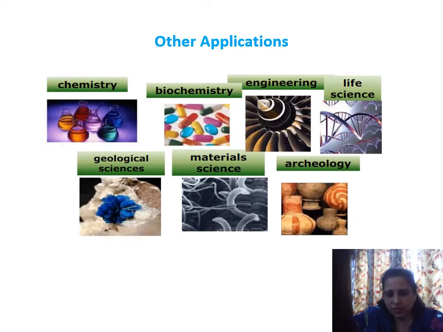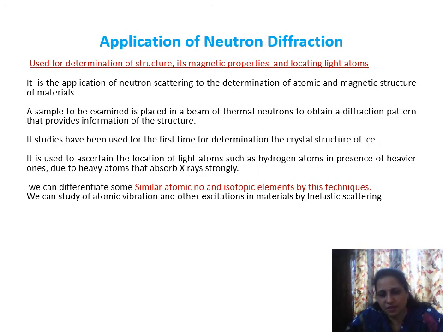Apart from this, it is being used in many other fields such as material science, biochemistry, geological science, archaeology, and life science also. In material science, its application is used for determination of structure, magnetic properties, and locating light atoms.